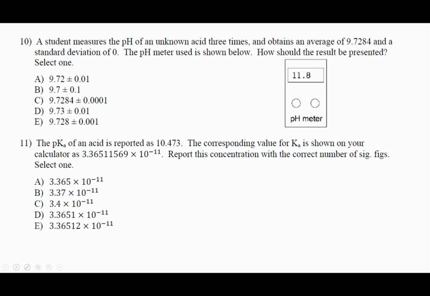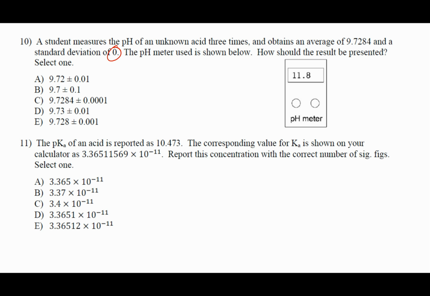A. A student measures the pH of an unknown acid 3 times and obtains the average of this and a standard deviation of 0. Okay, so the pH meter is shown below. How should the result be represented? Well, as soon as you go to rule 1, you realize that, oh my god, it's really 0. So there's something wrong, right? You probably had 3 exact measurements.